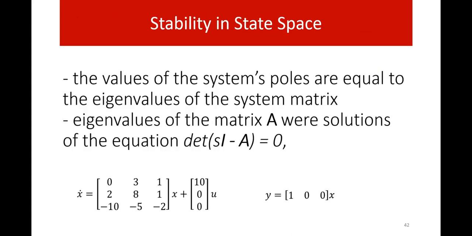Stability in state space can also be discussed through the RH criteria. In a given system, for example in our case, this is matrix A, this is matrix B, this is matrix C. We can find the eigenvalues of the system matrix by using these relations, and through the determinant of this relation, we can find the poles of the system.